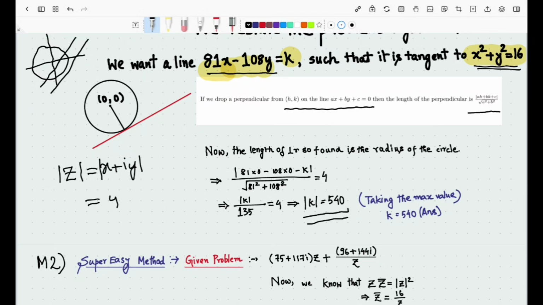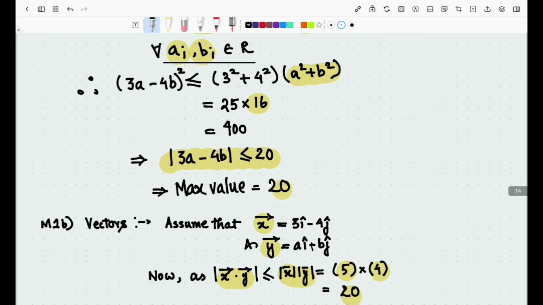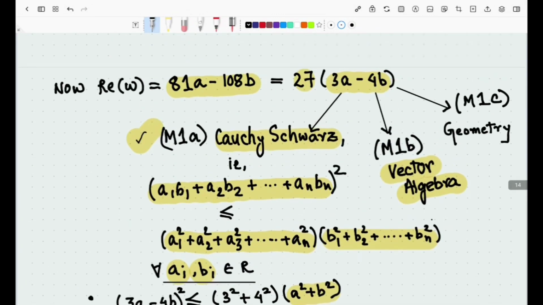Now the value of k here is 540 because we have taken 81x minus 108y, whereas in the previous solutions we took 3a minus 4b. We took the value of 27 as common outside, right?